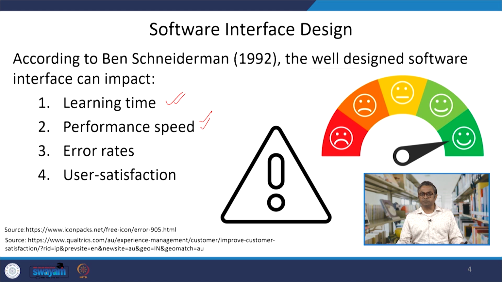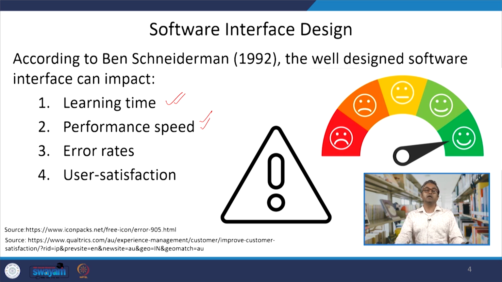How can we measure the performance? Accuracy and reaction time. Now, if the interface is easy, if the interface is effective, if the interface is helpful and providing aid to the user, then the rate of error will be minimal.